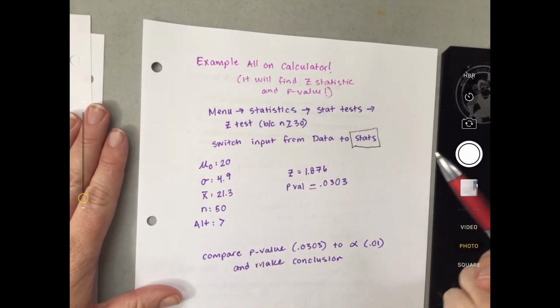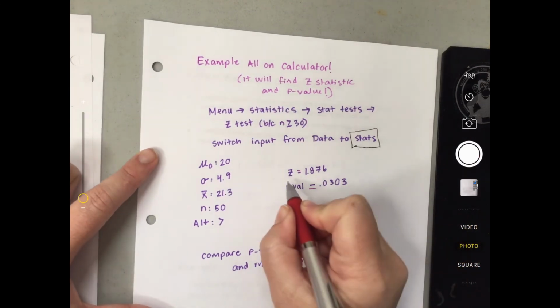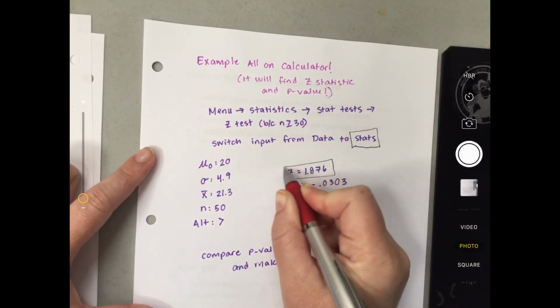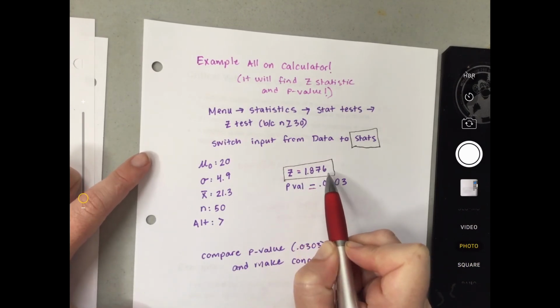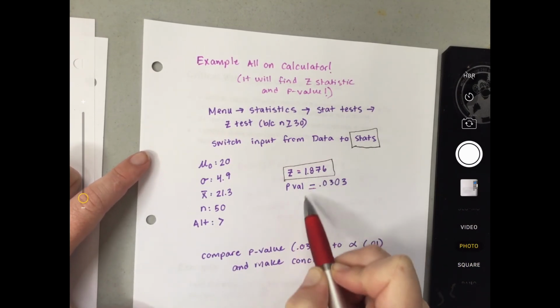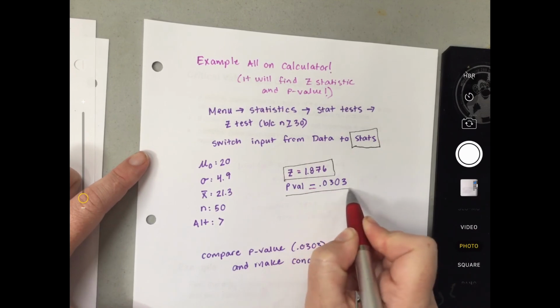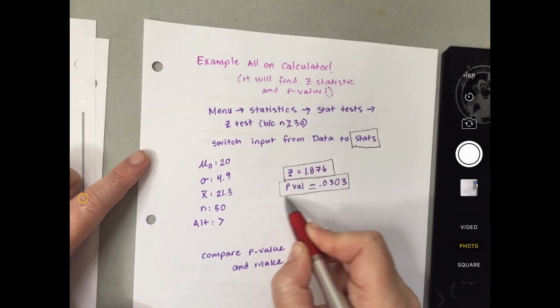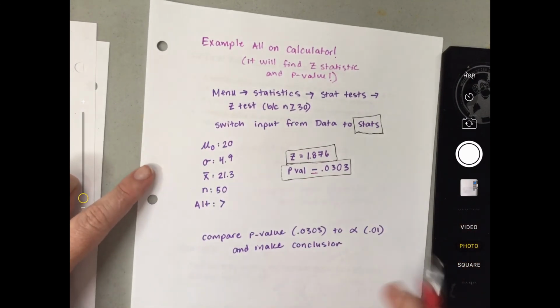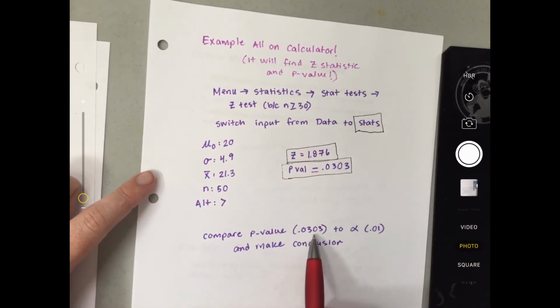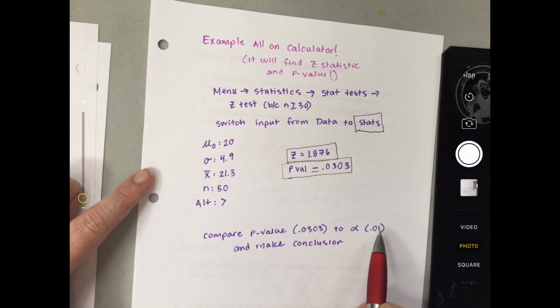And very nice, what pops out is your z statistic, and that's exactly what we got when we used the z-statistic formula. It also gives you your p-value. Now that you have both of these, you are able to compare your p-value to alpha to make a conclusion.